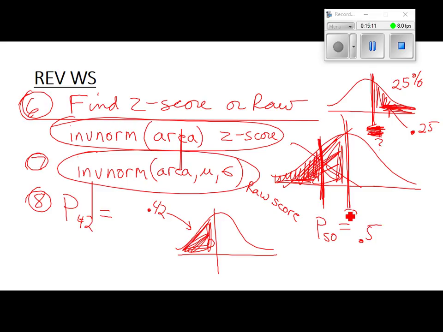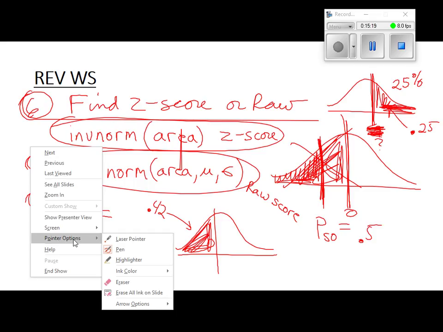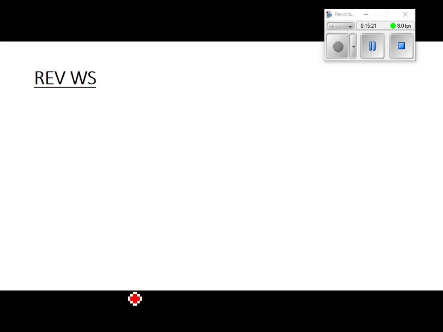Let's see, use the central limit theorem, sample means. Be able to find mu x bar. Remember, this is the mean of the sample means.